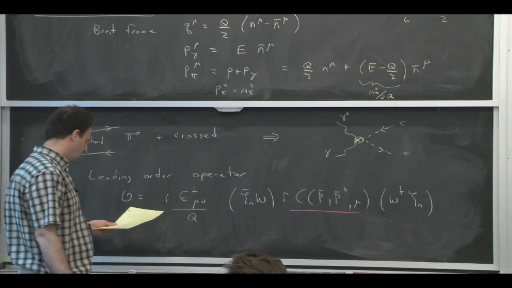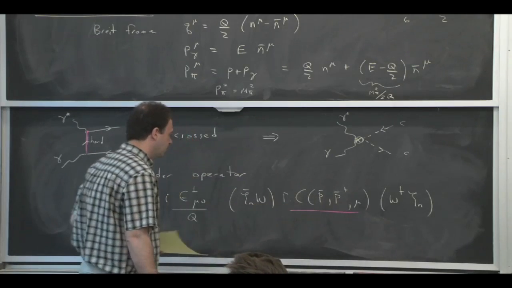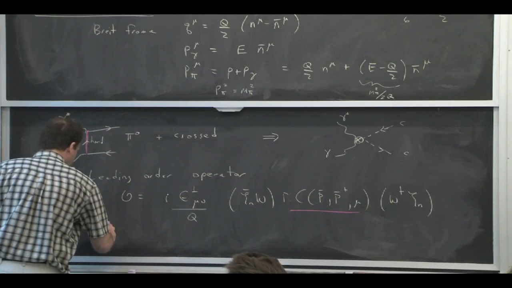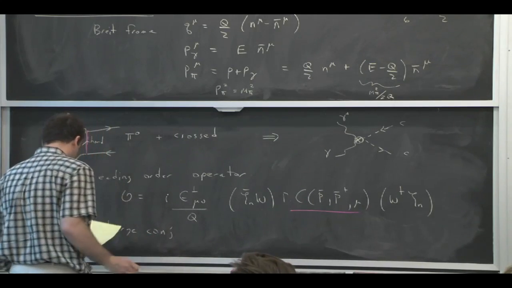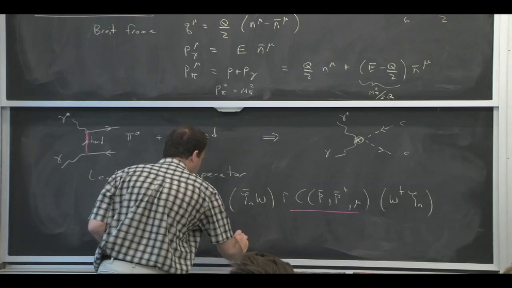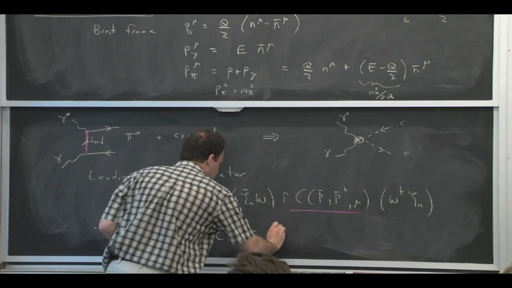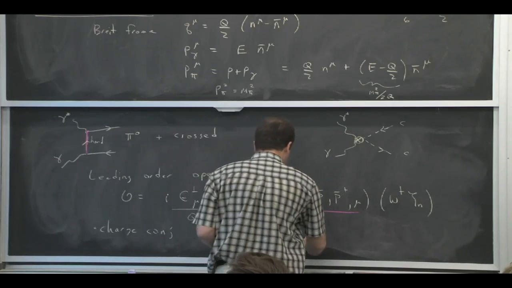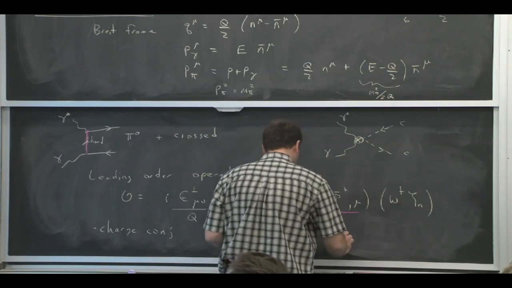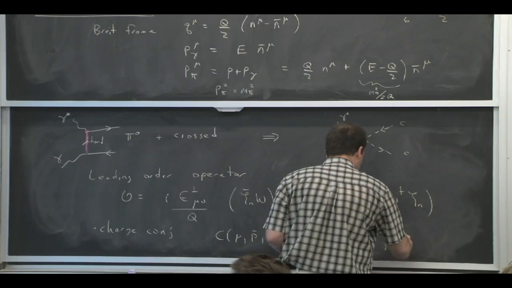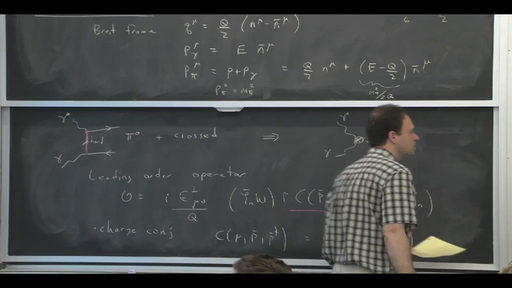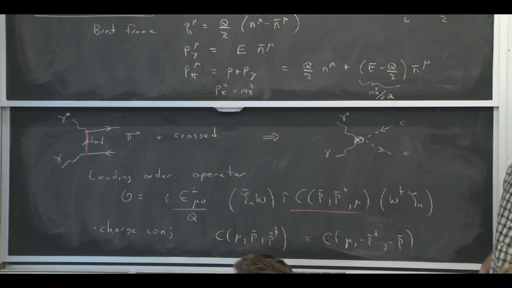Charge conjugation actually also provides constraints on the Wilson coefficient, so just like it did in DIS. So charge conjugation tells us that there's a relation between flipping signs.